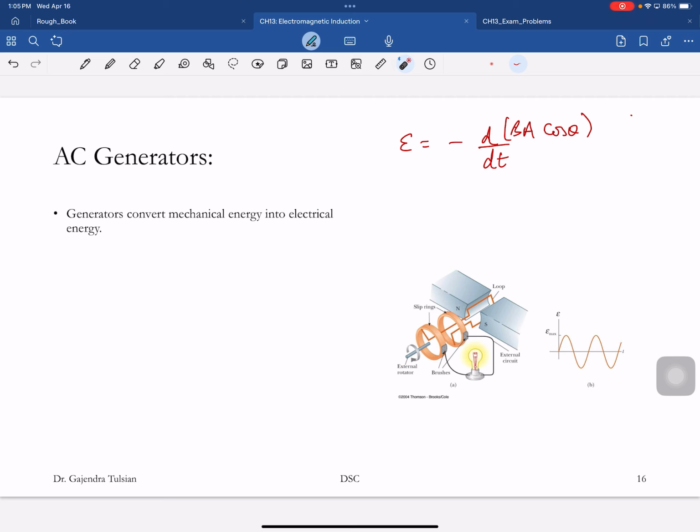All right, so again, all generators, you see the generator is a bad name. It should really be a transformer. It's not generating energy, but we call it a generator because it's generating electricity.